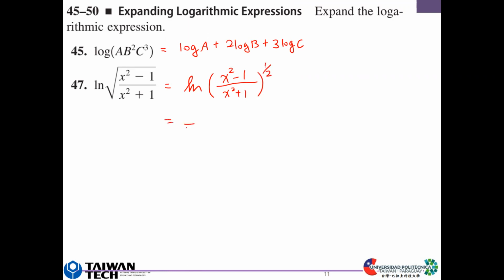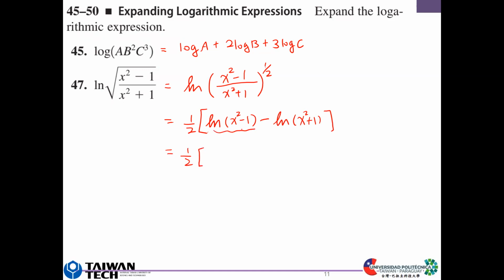And then we could put 1/2 in front, outside the natural log, and then division within the natural log becomes subtraction. So we have natural log x squared minus 1, subtract natural log x squared plus 1. Okay, so within the log function, division becomes subtraction, and then we could further decompose.